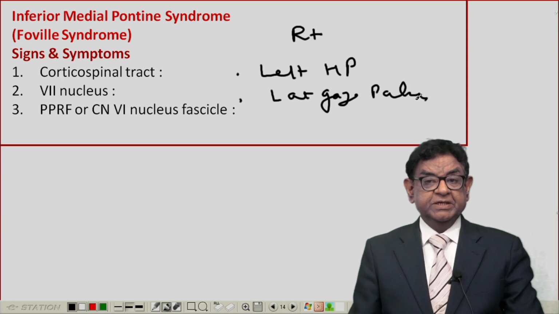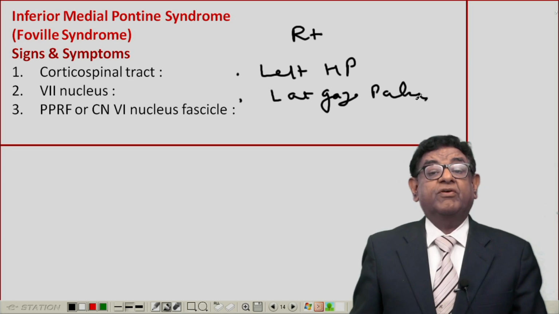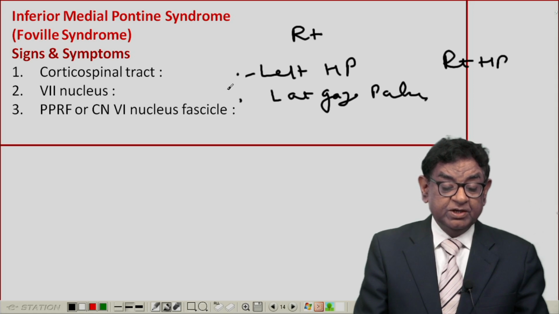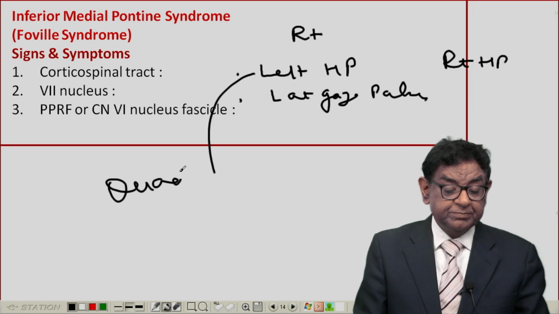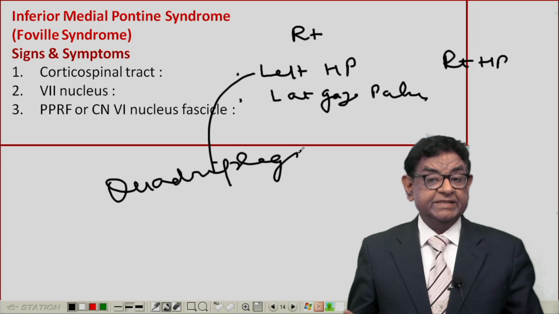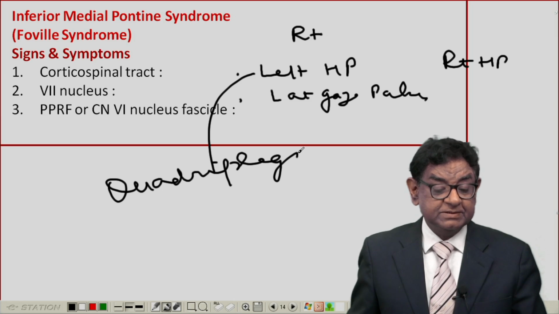Agreed. Suppose he has bilateral Foville syndrome, so he will also have right hemiplegia. In a nutshell, there will be quadriplegia. He has all four limbs totally paralyzed.